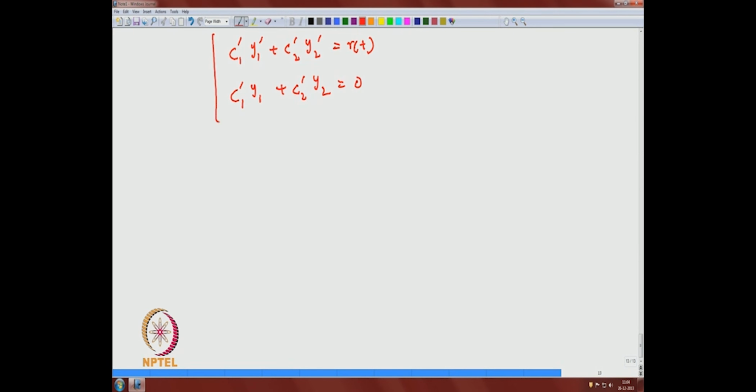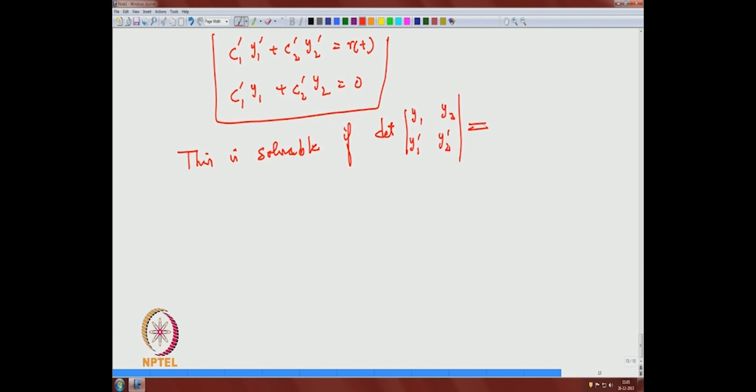So, you have 2 equations in 2 unknowns, and this is solvable if the determinant of y1, y2, y1 prime, y2 prime is not equal to 0. But what is this determinant? This is nothing but your Wronskian, if you recall it.